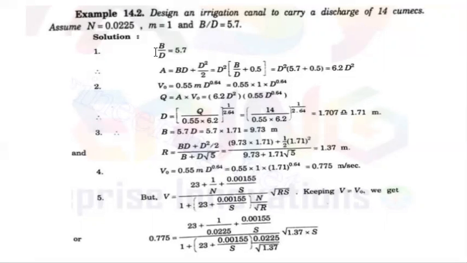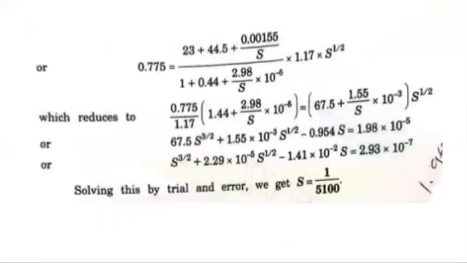As the discharge is already given, you incorporate the discharge and find D, so that you can get the value of B, and then the hydraulic mean depth, followed by Kutter's formula, and you can find the slope, because we need the slope, right?